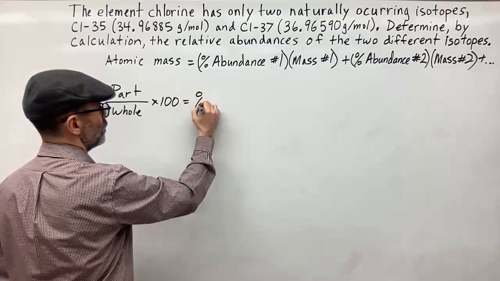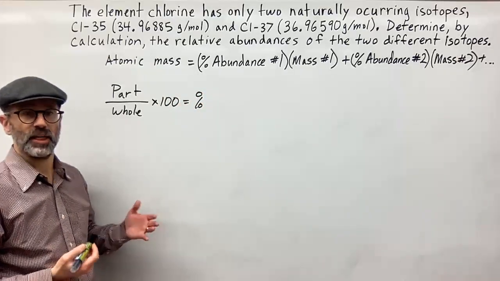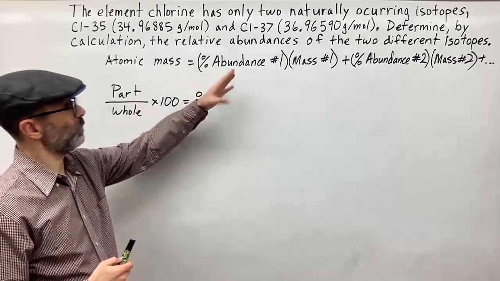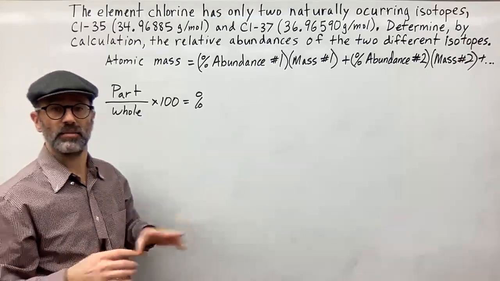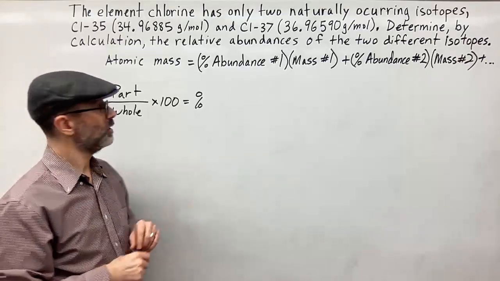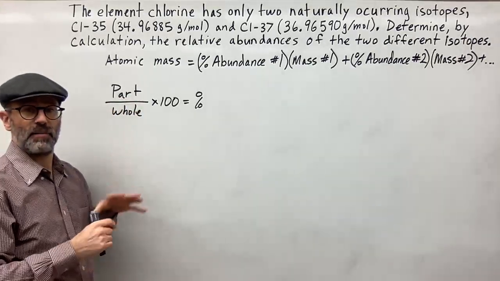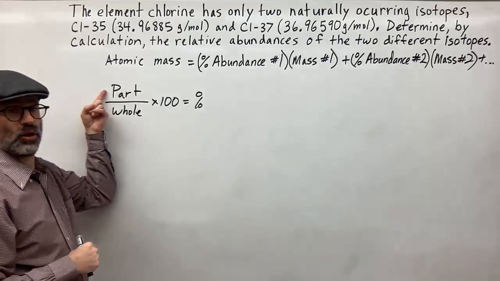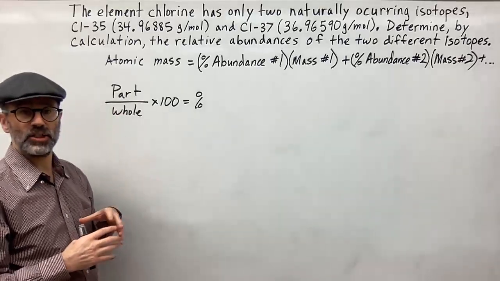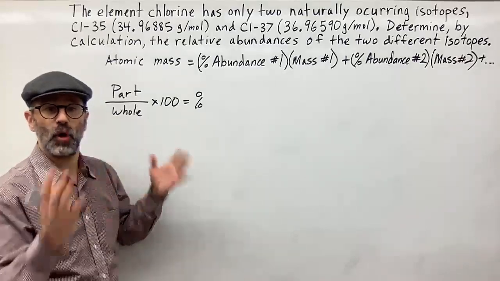If we're talking about percent abundance, basically what you're thinking about is we have all of these isotopes, we assume 100, and you have a certain number of isotopes total, and you want to look at what the percentage of one isotope out of the whole is, right?